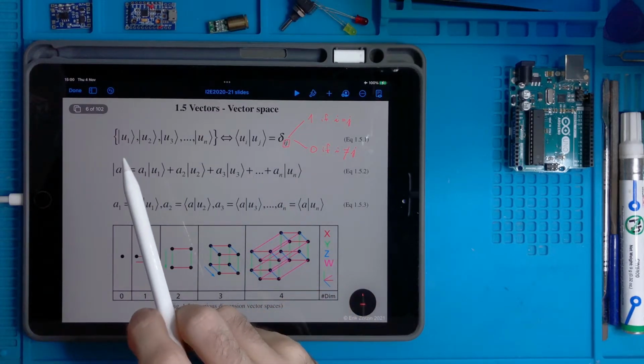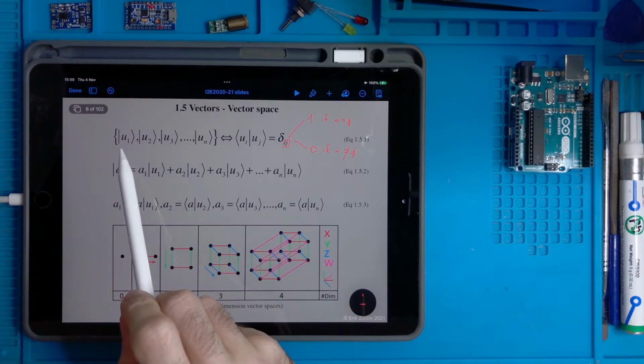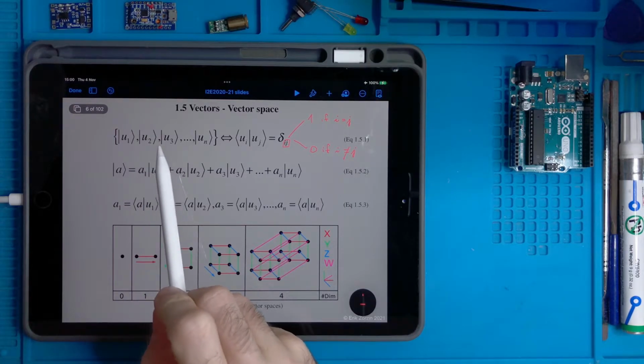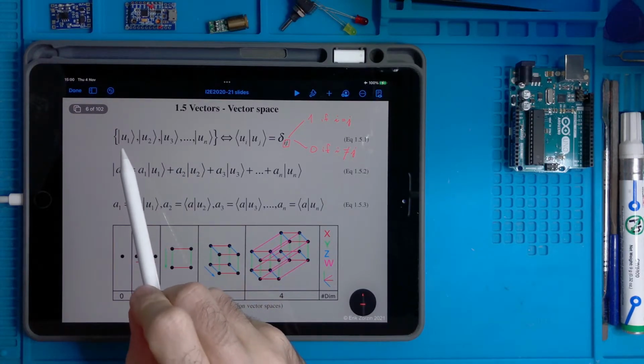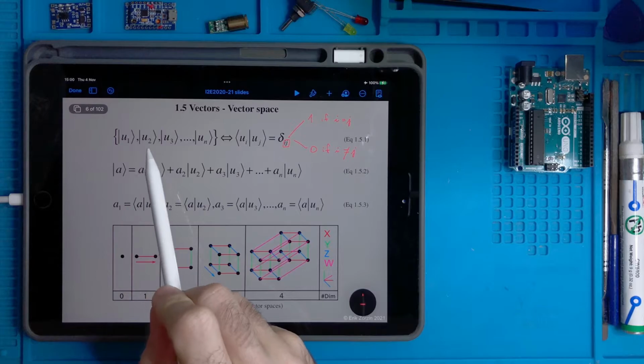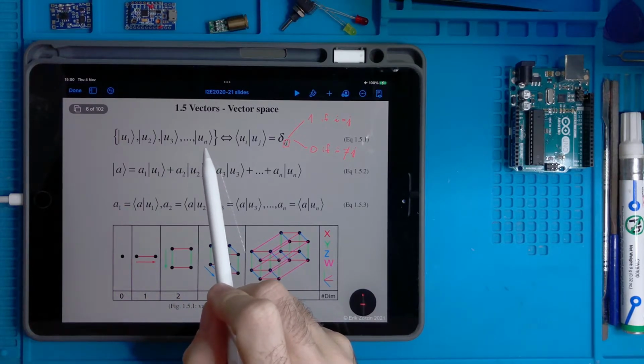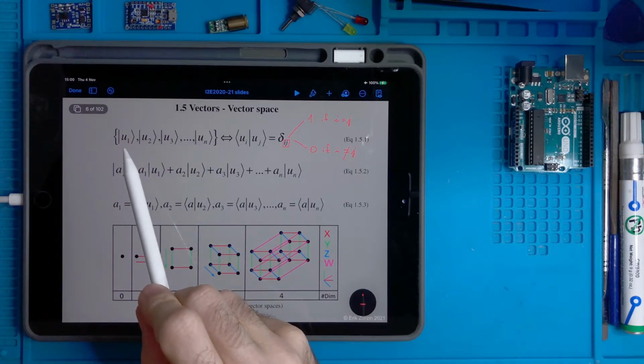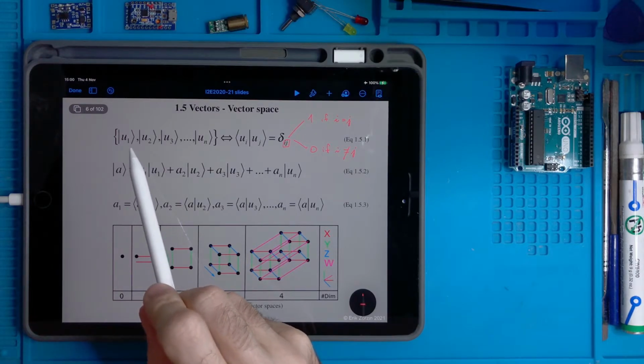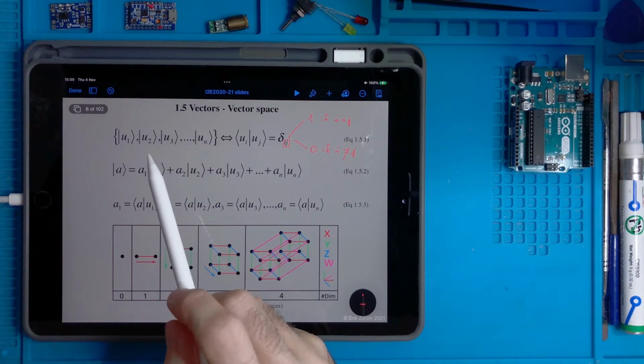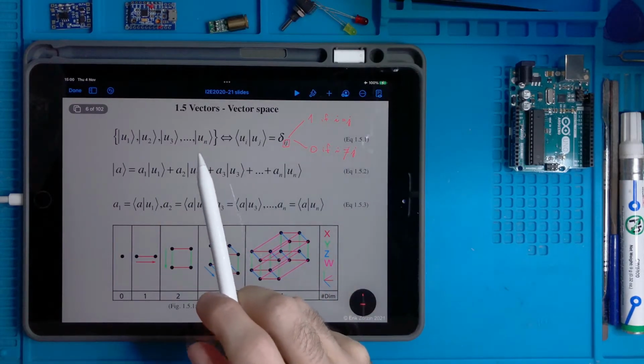And for instance here, what does it mean? It means that if we consider a collection of vectors u1, u2, u3, up to un, those vectors are unitary vectors, so we chose vectors having length 1 each of them, but they are in different directions.